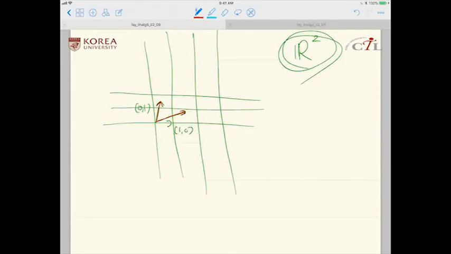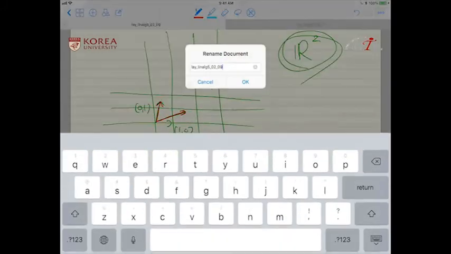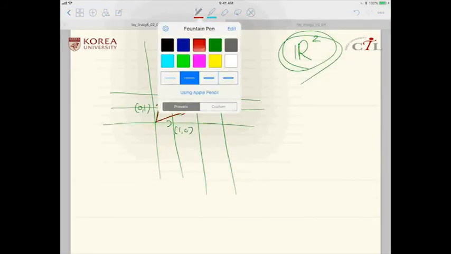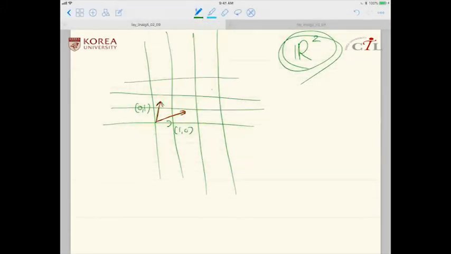Maybe over here. What is the coordinate with respect to the standard basis of (1, 0) and (0, 1)? So (3, 3), right?